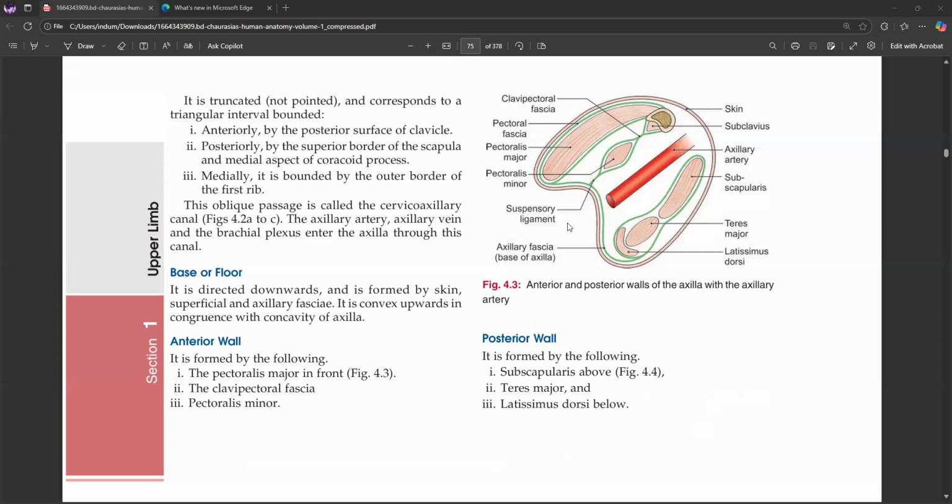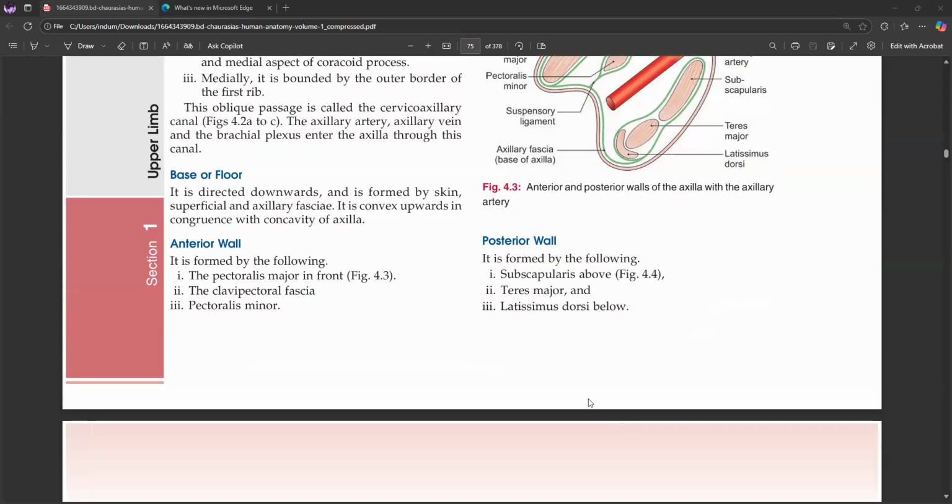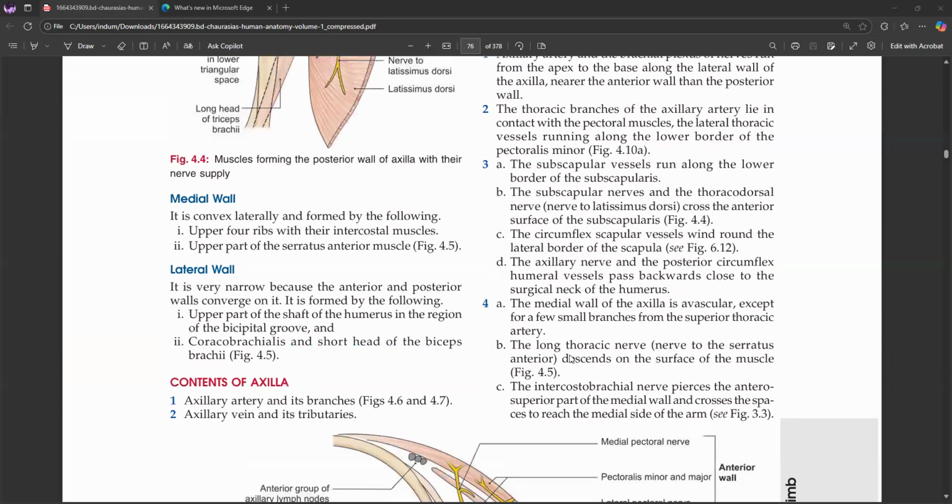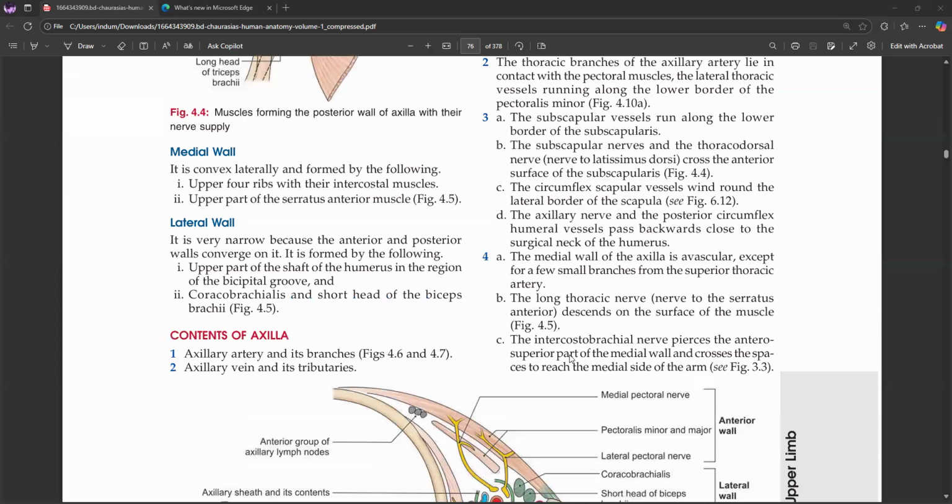Posterior wall. It is formed by the following: subscapularis above, figure 4.4, teres major, and latissimus dorsi below. Medial wall. It is convex laterally and formed by the upper four ribs with their intercostal muscles and the upper part of the serratus anterior muscle, figure 4.5.